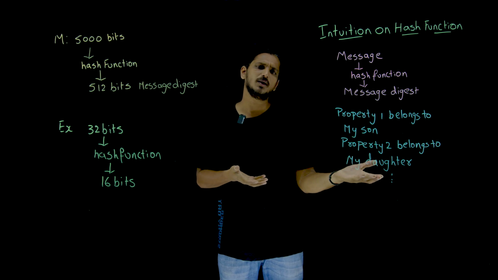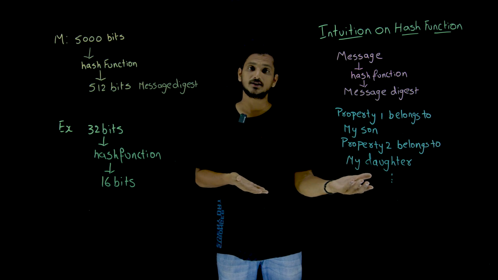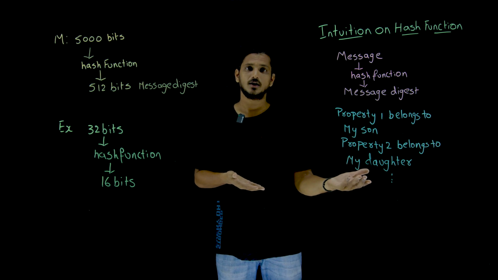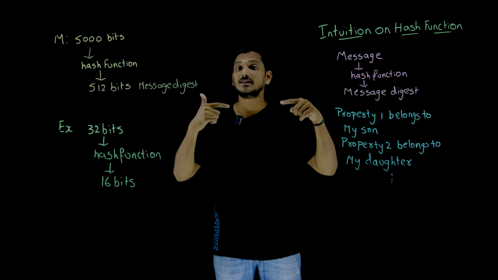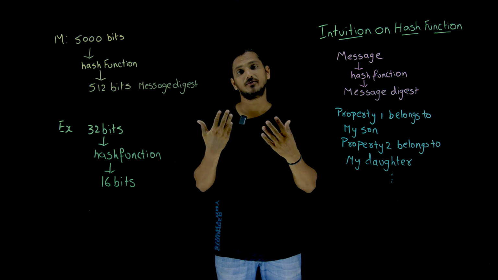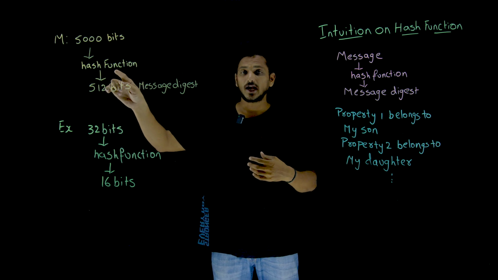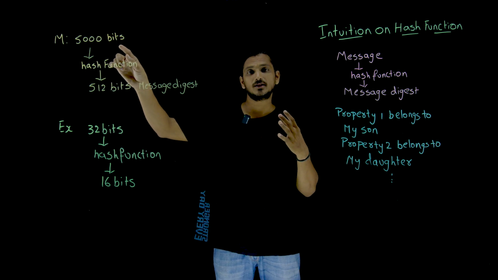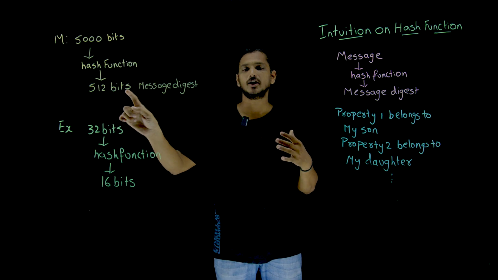No, your will may be 6000 bits if you have written a large will. So the hash function has to take dynamic length bits. It may be 5000, 6000, or 10,000. The hash function takes this dynamic length input and has to generate a message digest of 512 bits.